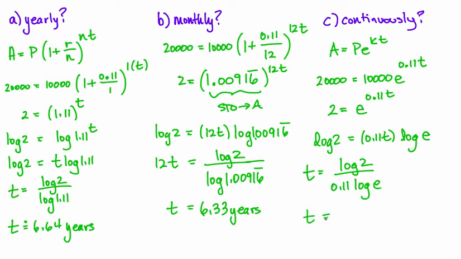And go ahead on your calculator, make sure you're using brackets on the bottom, and see what you get for this one. And we do shave off a tiny bit of time, 0.03 years, but it is a little bit faster to generate your doubling of your money if you can get continuous growth.